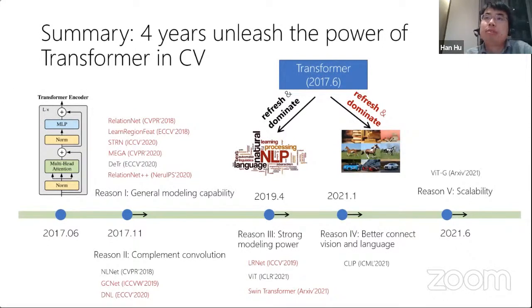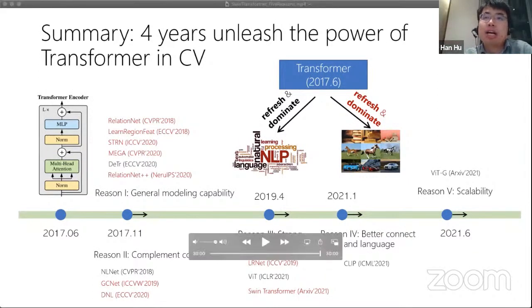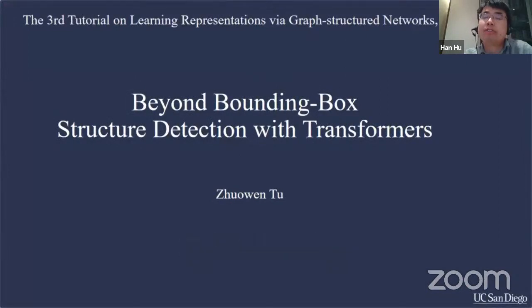Transformer has many merits, and one of them is that it has a very strong modeling power, and this power comes from dynamic computation. For this merit, it's very similar to dynamic conv, but I think transformer has better potential because it uses the verification principle to model the relationship between different nodes. So I think it has better potential.